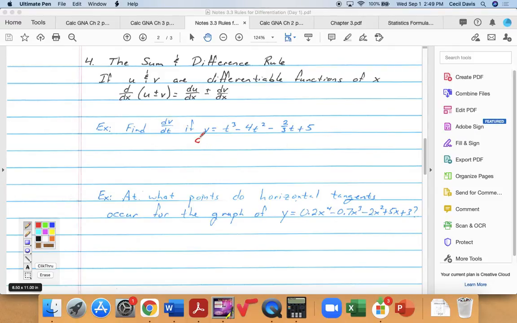So dv dt, the derivative of v with respect to t, the derivative of t cubed is going to be 3t squared minus the derivative of 4t squared is 8t minus the derivative of 2/3 t is 2/3 plus what's the derivative of 5? 0. Done.